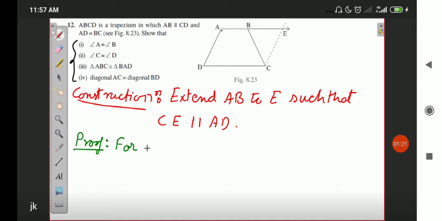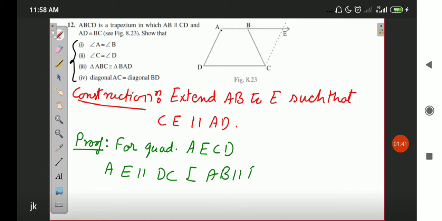For quadrilateral AECD, you have AE parallel to DC. Why? Because AB was originally parallel to DC and AE is nothing but extended version of AB. Okay, and secondly, you have line AD as parallel to CE. Why? Because we have made construction, so by construction.